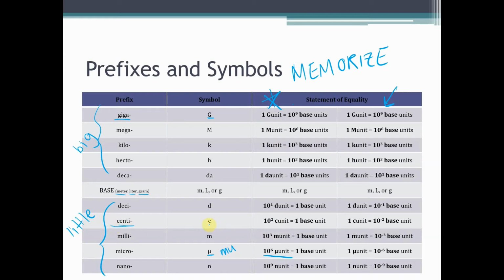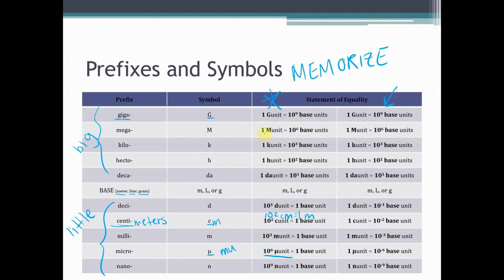The prefix centi has the symbol c. So we could talk about centimeters, which would have the symbol cm. There are 10 to the second centi units, so there are 10 to the second centimeters in every 1 base unit, so every 1 meter.